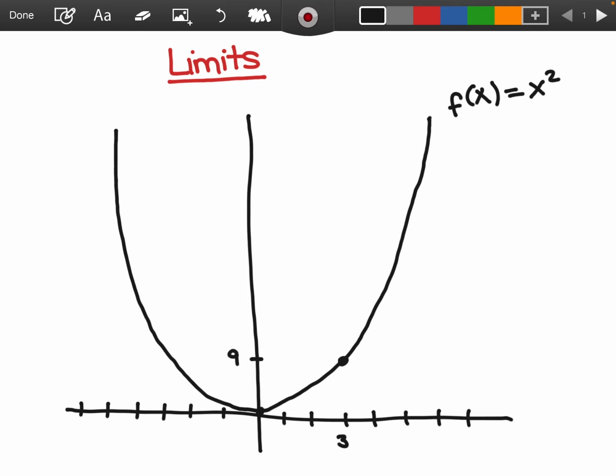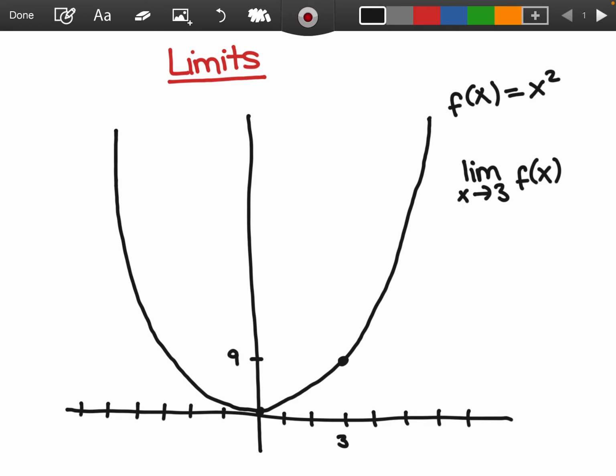Okay, at x is equal to 3, we know that the y value is 9. But I want to look at what's the limit of f of x as x approaches 3. Okay, that's what this means. What does this mean?